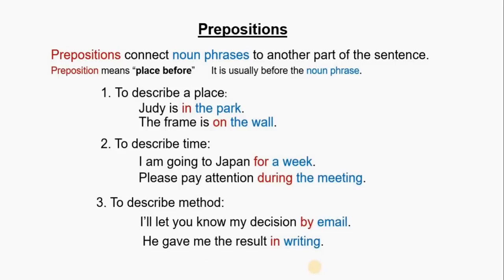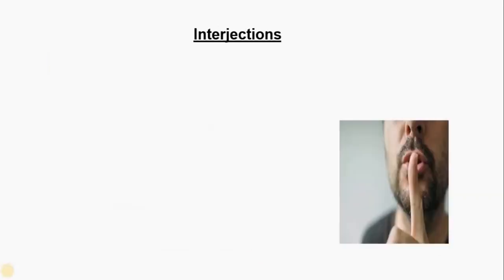And a gerund is when we use a verb as a noun. So we are considering or treating this word like a noun. So it is a noun. It is a noun phrase, in writing.